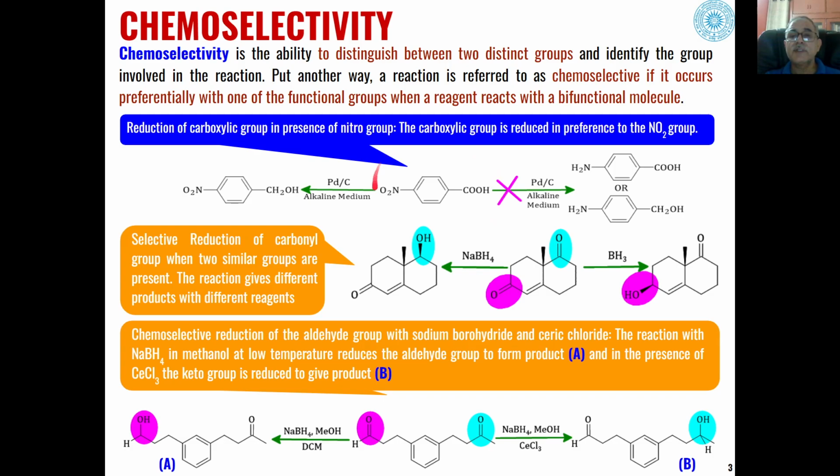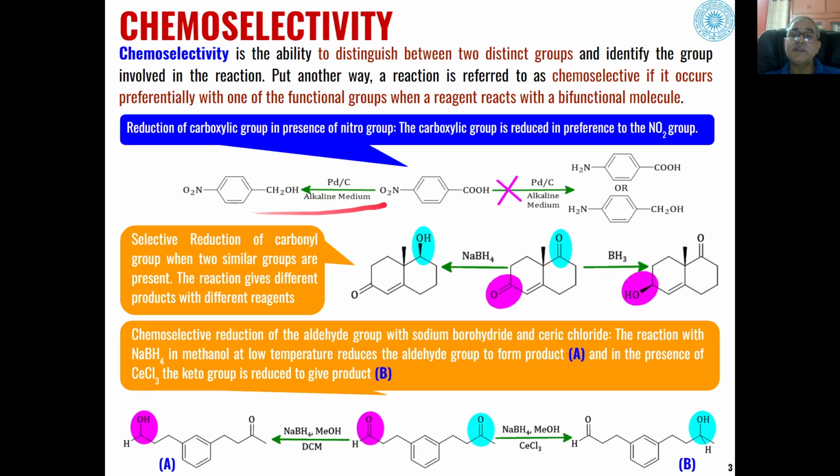For example, if you see this molecule, para-nitrobenzoic acid, we have a carboxylic group and a nitro group. If we undertake reduction of either the nitro or the carboxylic acid group in the presence of palladium on charcoal in alkaline medium, then it has been seen that reduction of only the carboxylic acid group takes place and the nitro group is not affected.